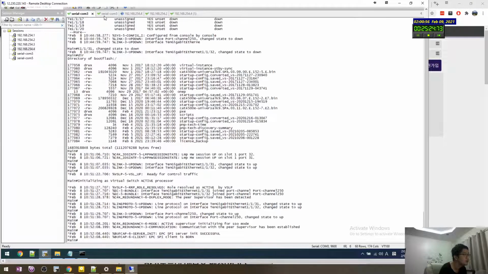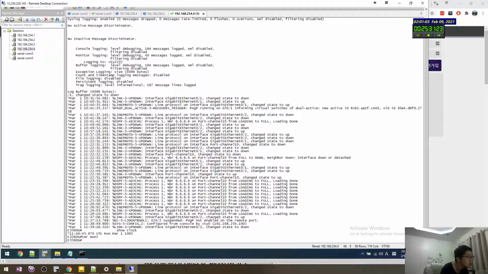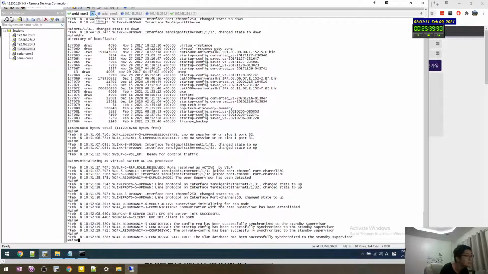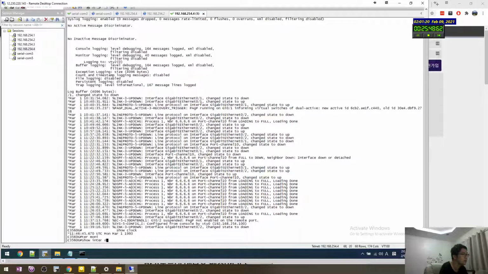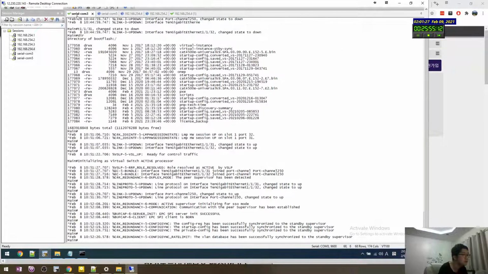So far no issue, and then interface step down. Interesting. Okay, show this description. Yeah, the standby switch interface is still down.